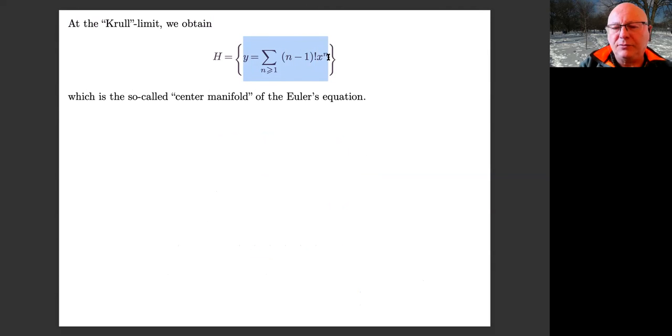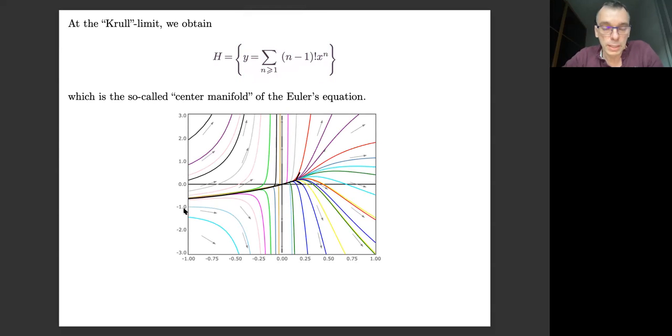But afterwards, you mentioned a C infinity curve. Yes, because, you see here, I have drawn the phase portrait of the Euler equation. I don't know if most of you know this. So there are all these curves on the positive side of the x-axis, which have a flat contact at the origin of the type exponential of minus 1 over x.